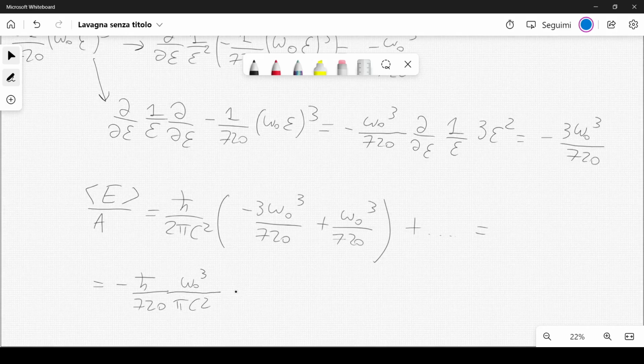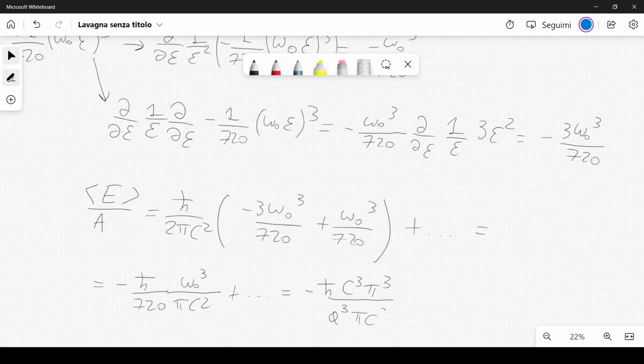So you have this term plus other terms, and we can rewrite it by substituting omega 0. So we know that we can rewrite this as minus h bar c cubed pi cubed divided by a cubed pi c squared 720 plus dot dot dot.